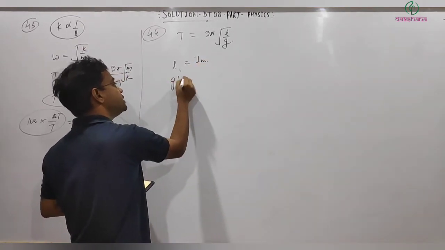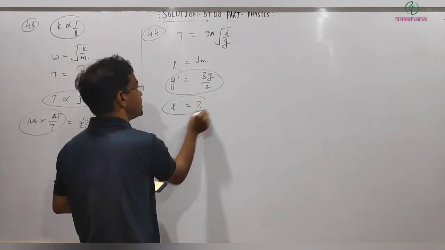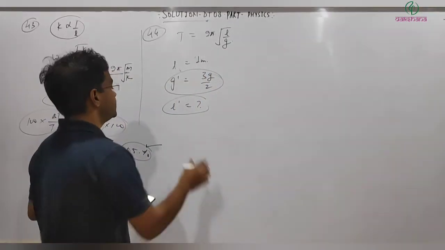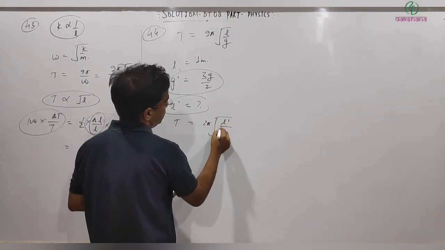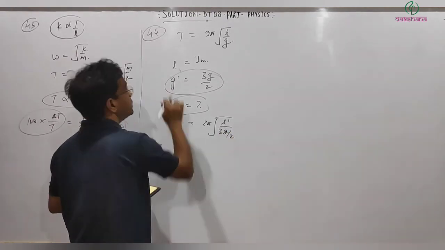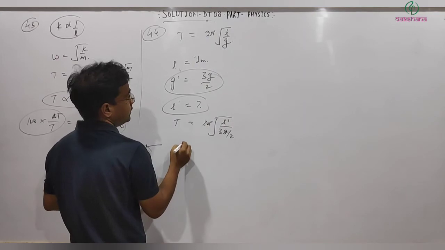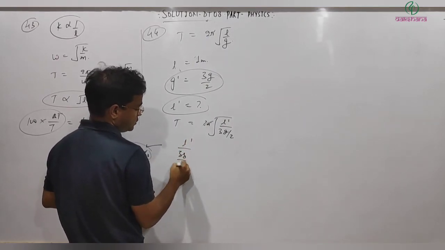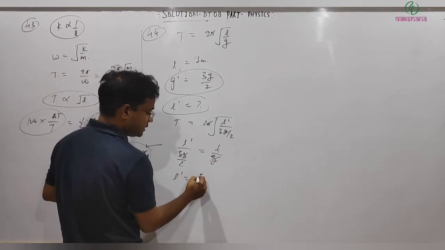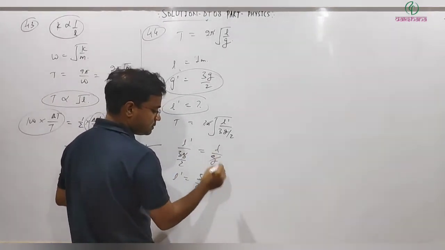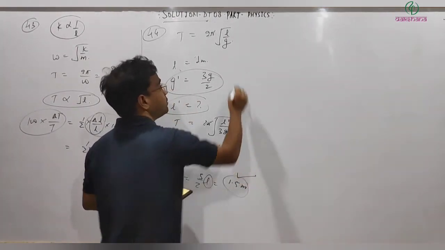On another planet g prime becomes 3g by 2, and L prime will be such that the time period remains the same, so T is equal to 2 pi under root L prime divided by 3g by 2. Equating these two, L prime by 3g by 2 should be equal to L by g. g gets cancelled, L prime is 3 by 2 L, and L is 1 meter, so it's 1.5 meter. That's question number 44.